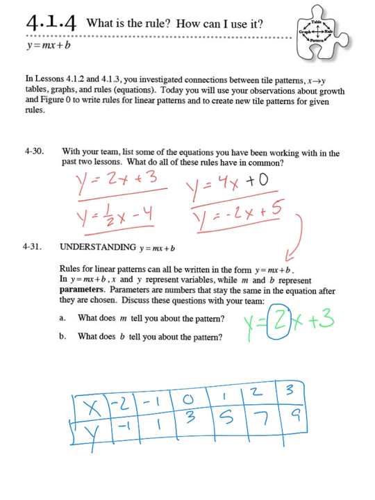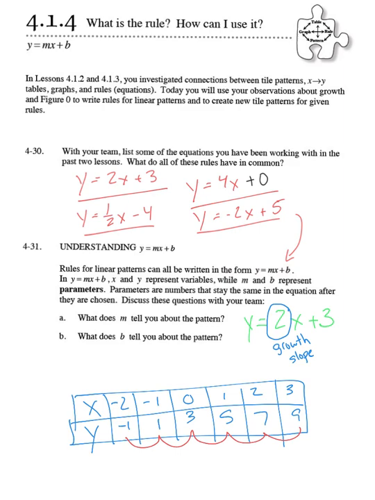So what does the m tell you? The m tells you the growth. This is also known as the slope, means the same thing. It's going to be viewed as slope when you actually look at the graph of it. But it's the growth of the function or the slope of the function. And so we see it in our tables as in it going up by 2 each step.